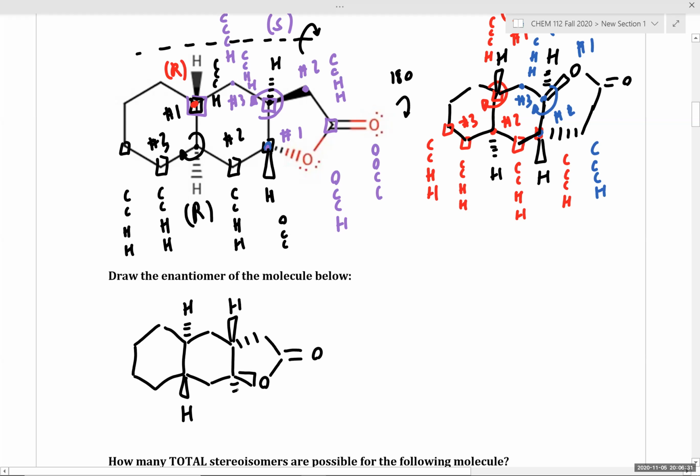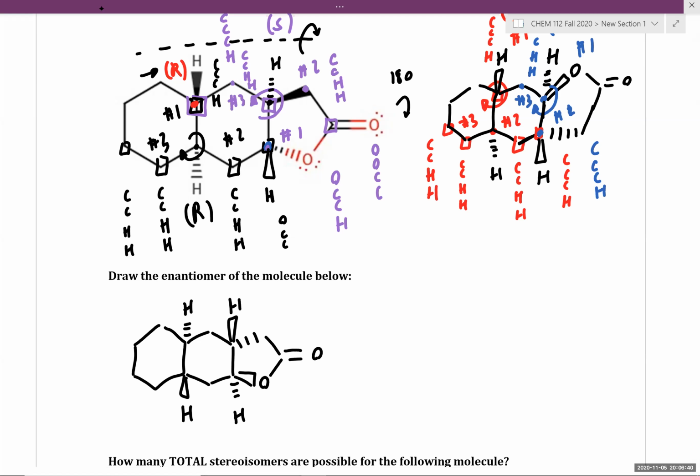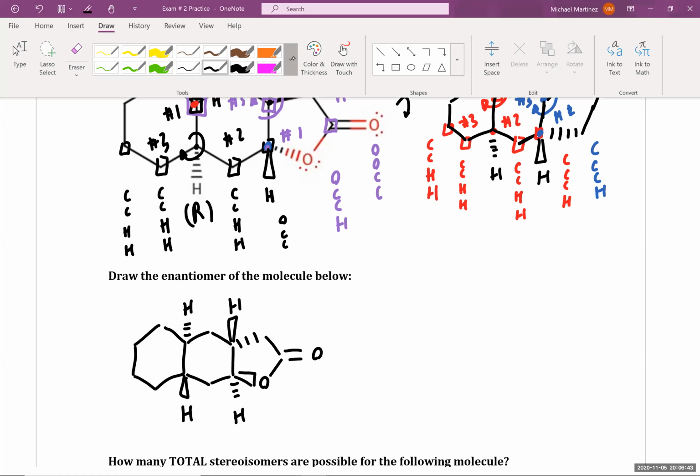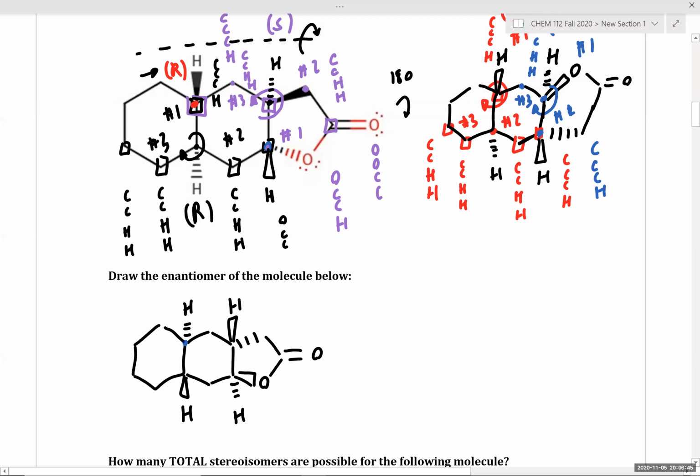And if you're feeling really adventurous, you can go back to this earlier example. For example, here we said the center is R. I'm going to check this center right here. So priority 1, 2, 3. And we notice in our enantiomer, this center is S. So I've correctly drawn the enantiomer because my stereochemistry at each stereocenter is different.